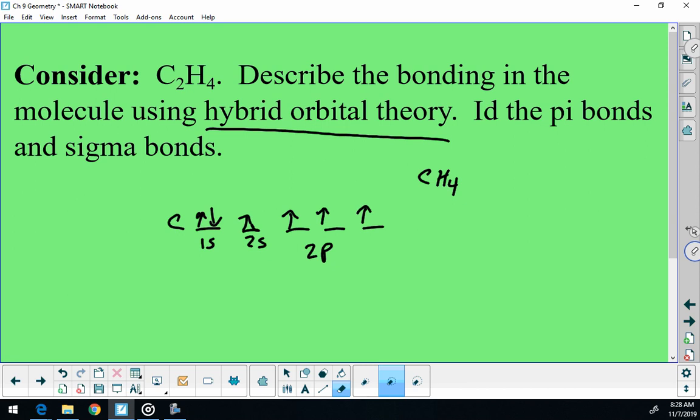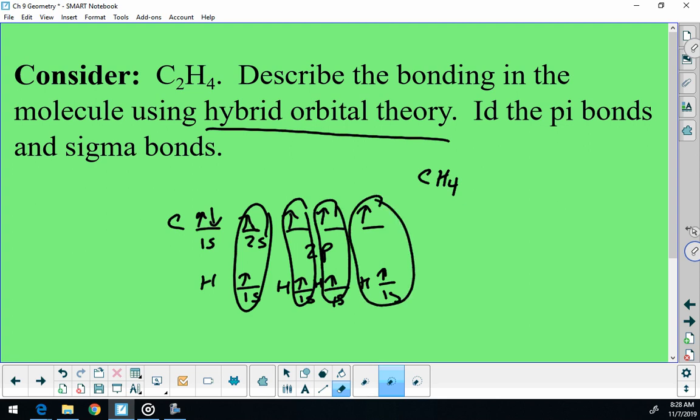And then I'd have my hydrogens, right? A hydrogen 1s, and a hydrogen 1s. And then we'd have the overlapping occurring, right?